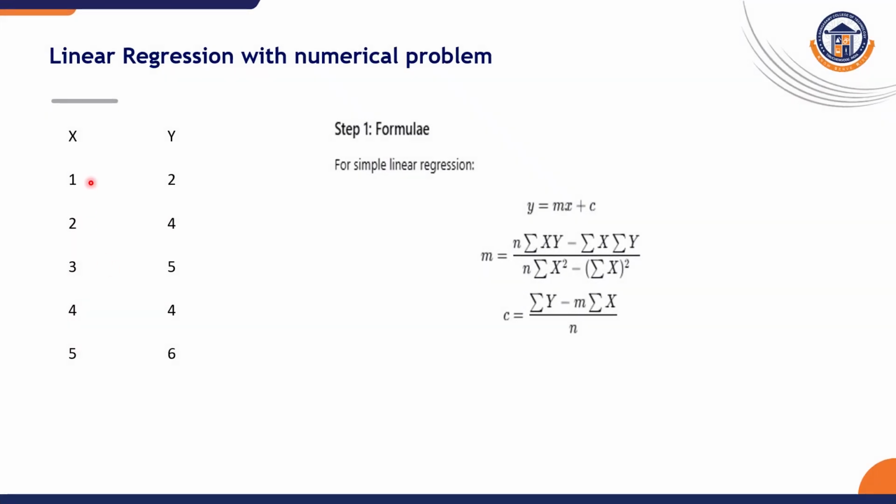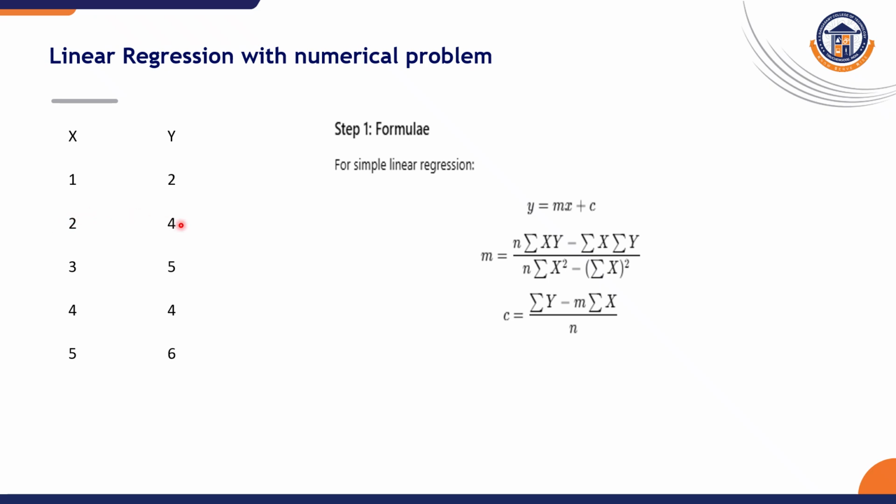So let us have a look at linear regression with a numerical problem. Here we have some data: x is 1, 2, 3, 4, 5. These are the inputs, and y is the output. For x equal to 1, y is 2. That means in 2001 1 gram of gold is 2.